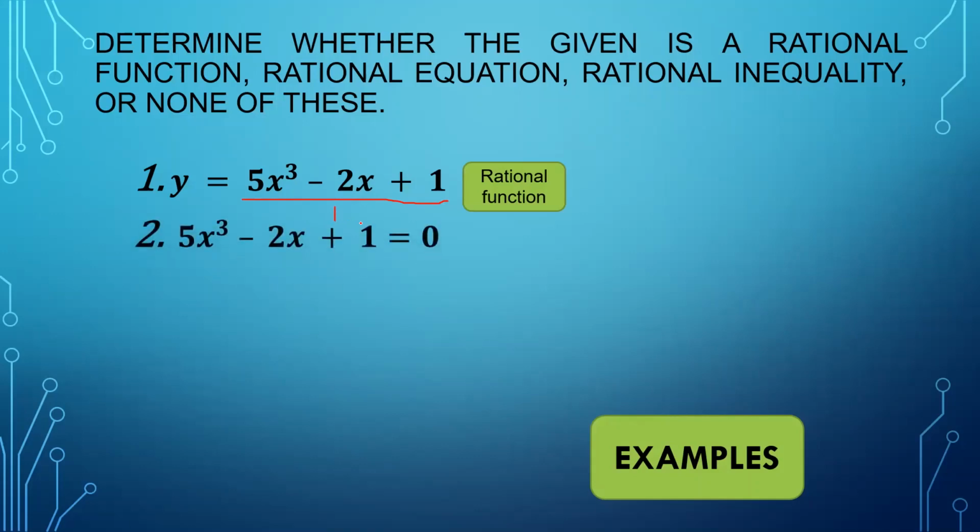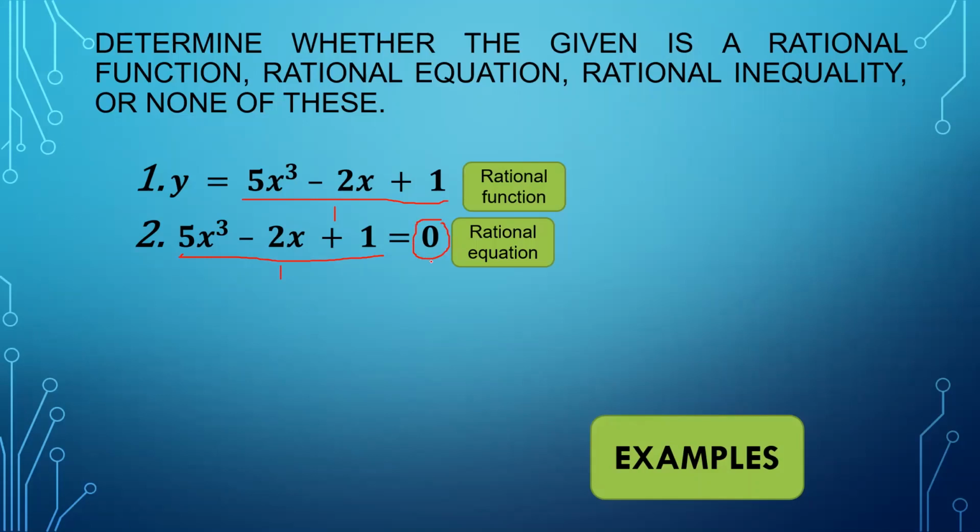Number 2: 5x cubed minus 2x plus 1 is equal to 0. This is a rational equation. Why? Since the given expression is a polynomial and the denominator is 1. However, it is separated by an equal sign and it is not a function since it is not represented as f of x or as y.